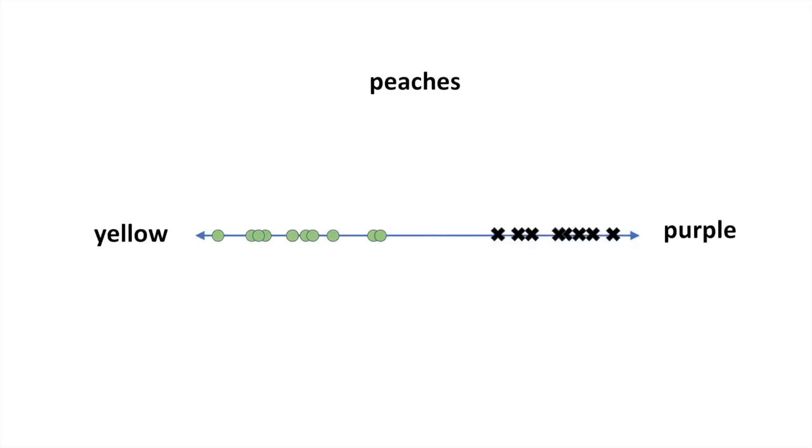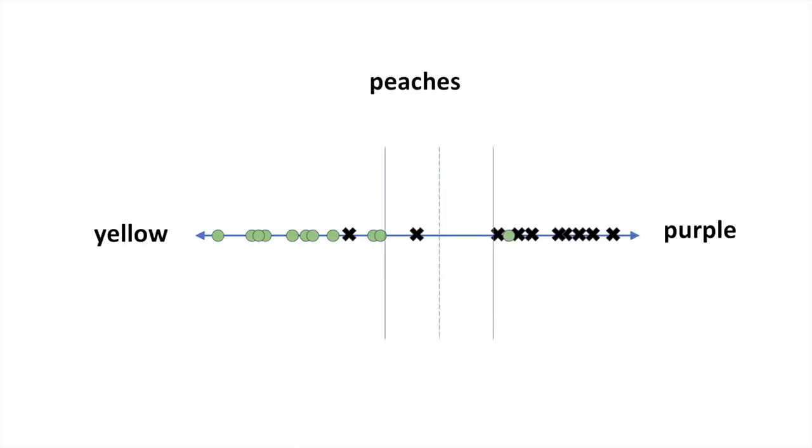Now, imagine though that in this set of peaches, this can be trickier. What if you have some that don't really fall with the group? You get some yellow peaches that just don't taste right, or you get a purple peach that for some reason tastes amazing. Now in the data set, there's nowhere you can draw a line that separates the green circles from the black X's.